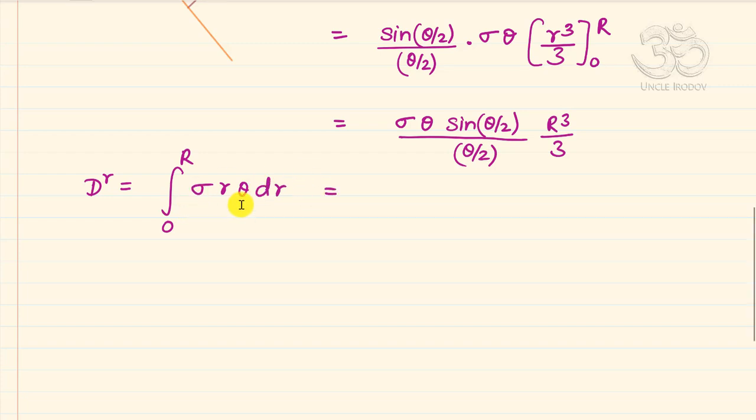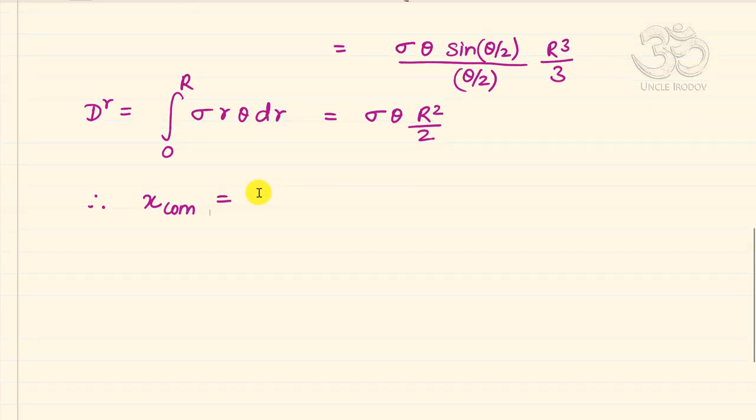Sigma goes out, theta goes out, r dr will give me r square by 2. So you are going to have sigma theta capital R square by 2 after integrating and applying limits. And so therefore x center of mass is going to be, in this case, now some terms can cancel out. What are the terms that will go away?